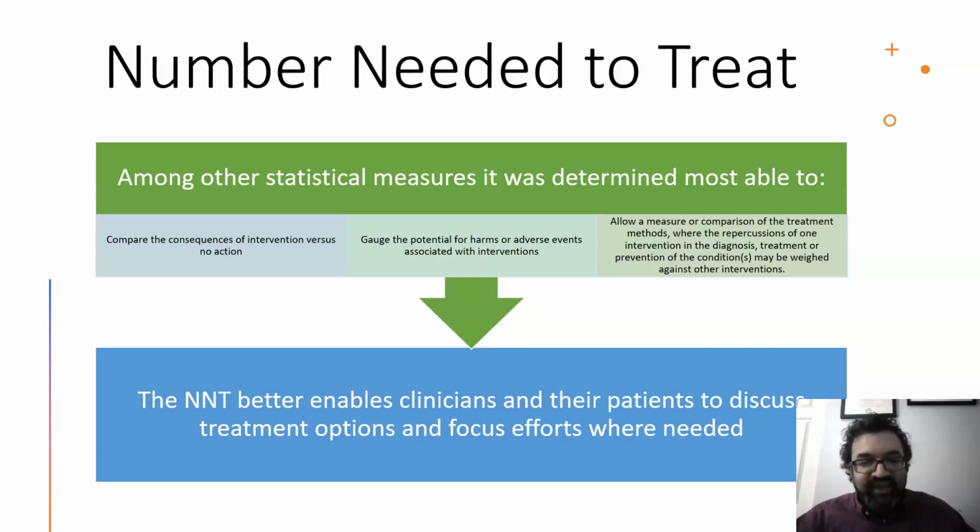The second advantage of this statistical measure was that it could help gauge the potential adverse events or harm that is associated with interventions. So just the recognition that there may be harm and how to quantify that. And then finally, allowing a measure or comparison of the treatment methods where the repercussions of one intervention in the diagnosis, treatment, or prevention of the condition may be weighed against other interventions.